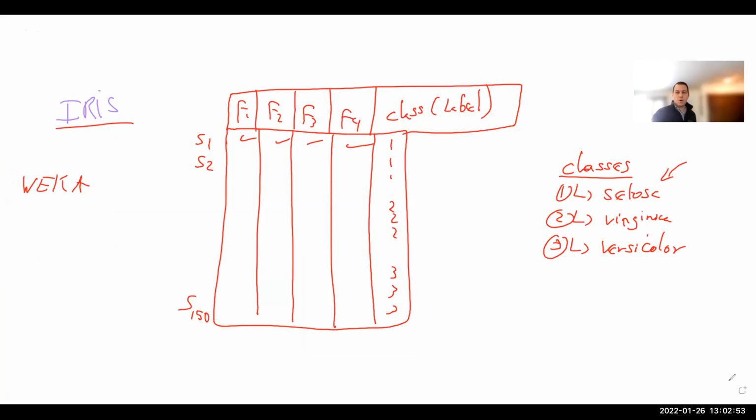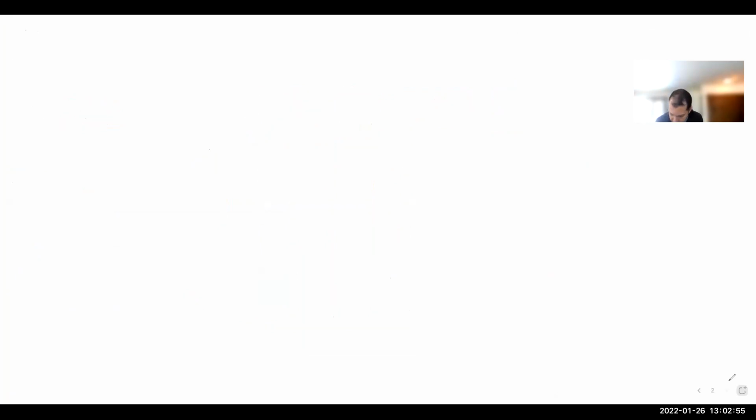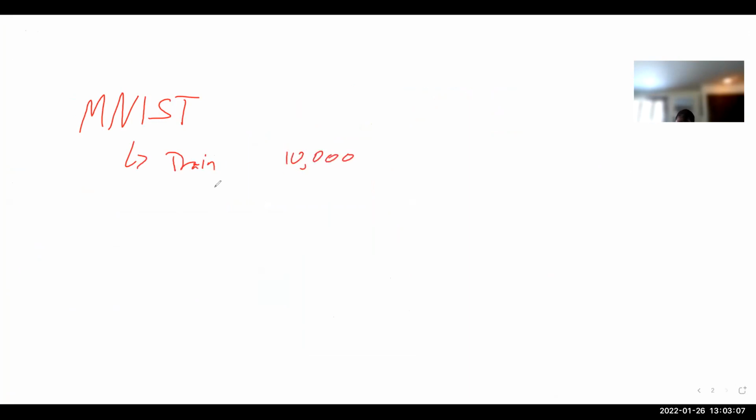Okay, so if I go over here, MNIST is the famous data set. Train probably has 10,000 samples. We'll double check. No, sorry. Train has 60,000. And then test has about 10,000.